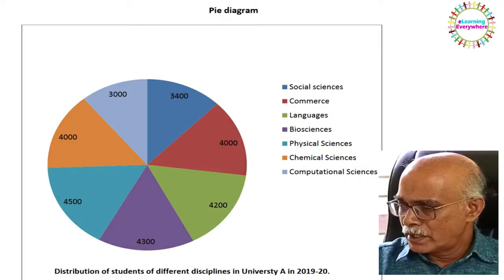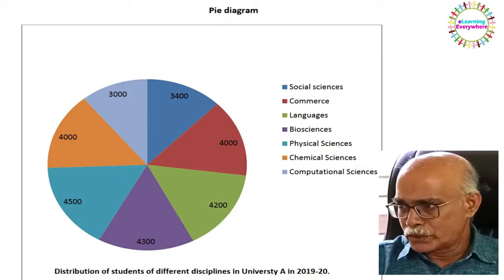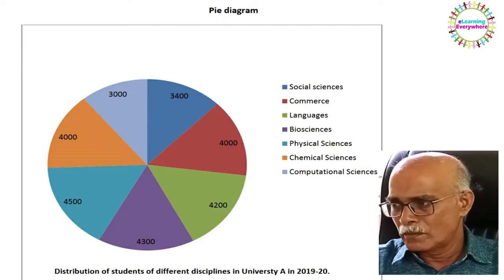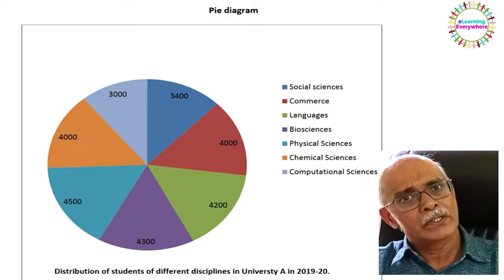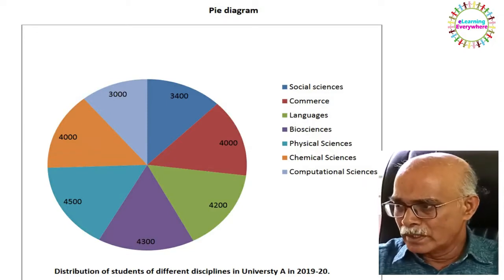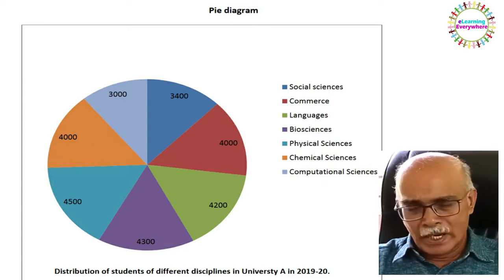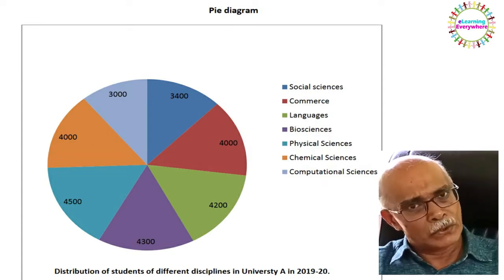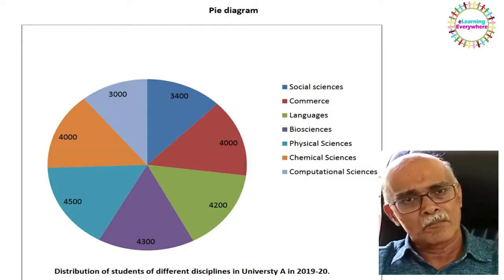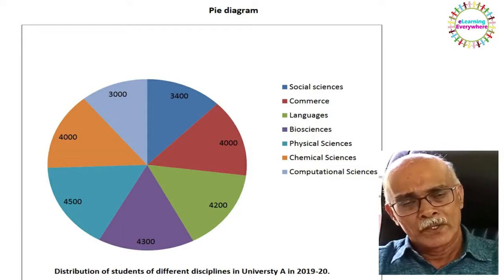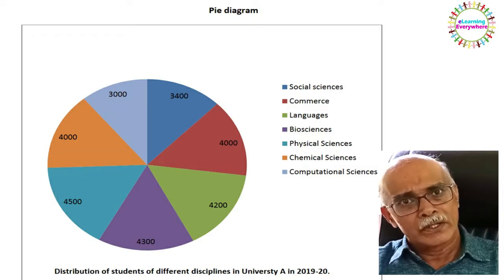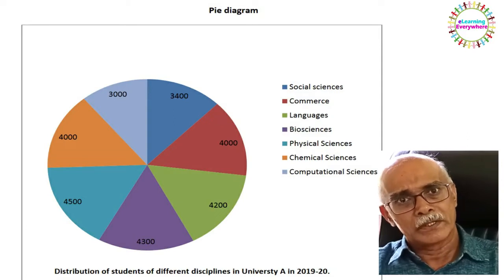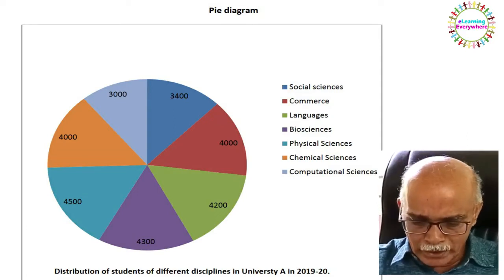And for your reference, here is a slide which shows the distribution of students of different disciplines in a particular university in a particular year. You can represent the values themselves also in the pie diagram, and you can give different colors to the different parts of the pie diagram.